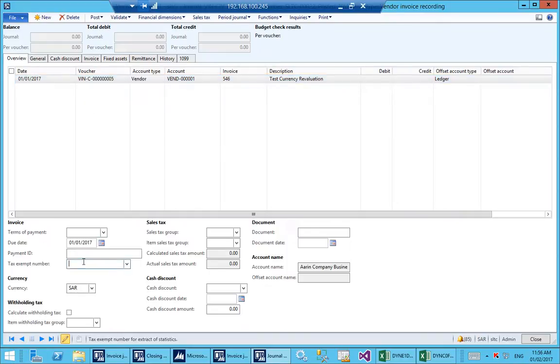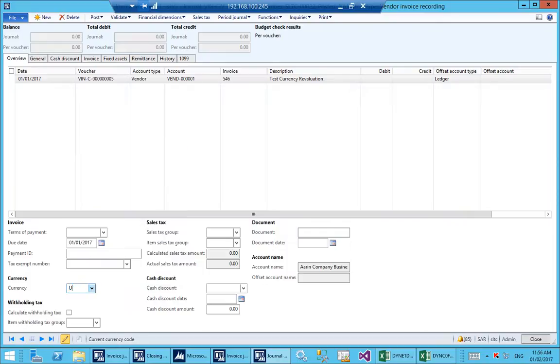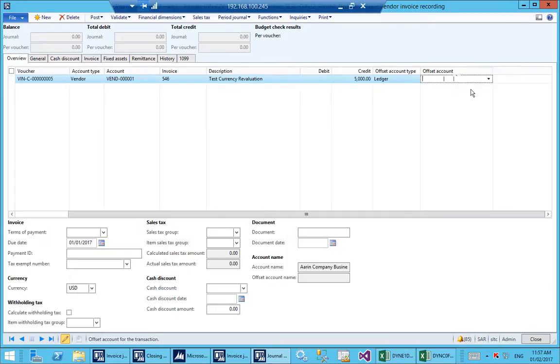Okay, and for the currency I will change the currency to USD, right? Okay, the vendor transaction will be $5,000. Offset account is bank, and this is bank. Okay, so you are paying him money.